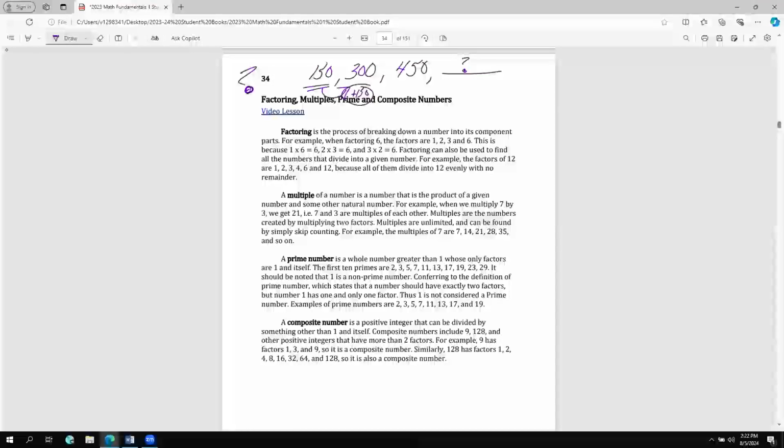The rule is adding another 150. Does that rule continue to work? Is 300 plus another 150, I'm sorry, 450? Yes, that is true. So not only did 150 plus 150 give me 300, 300 plus 150 gave me 450. So you can assume that rule should be true here. So 450 plus another 150 gives me the value 600. That is my missing value.